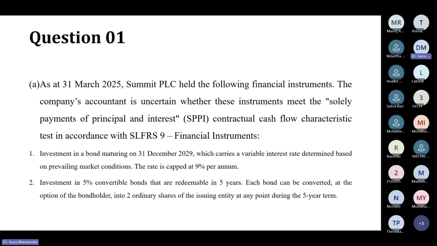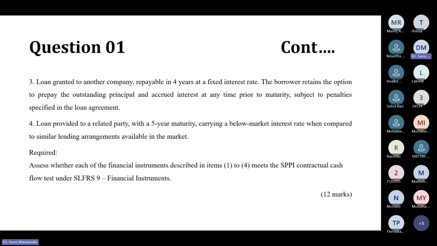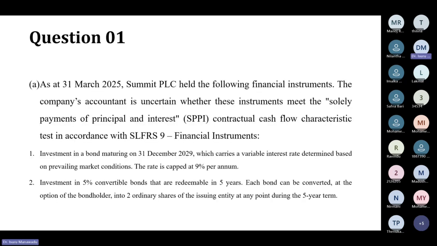Now, there are 4 cases. So what is the action verb given? Assess whether each of the financial instruments described in items 1 to 4 meets the SPPI, solely payments of principal and interest, contractual cash flow test under SLFRS 9 Financial Instruments, again 12 marks. 3 marks each. Right. Have a look at 1, 2, 3, and 4.